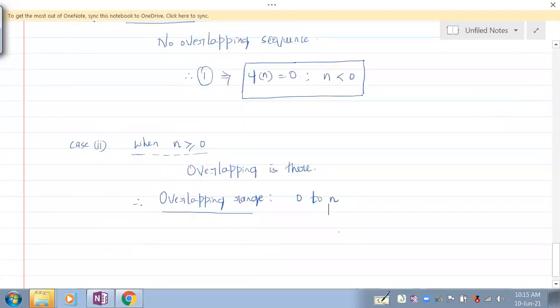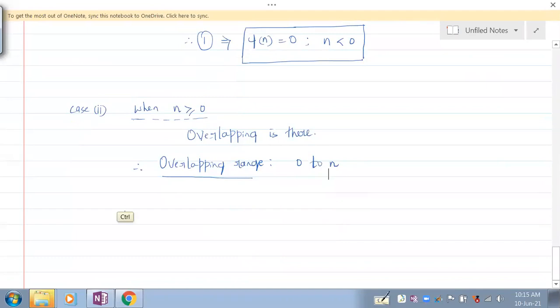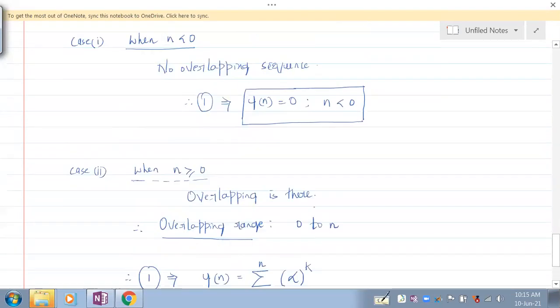So therefore, how would equation 1 change now? Equation 1 would imply y of n equals the summation, k ranging from 0 to n, of alpha power k and u of k. What is u of k in that particular range from 0 to n?